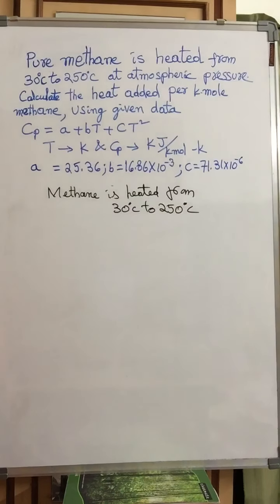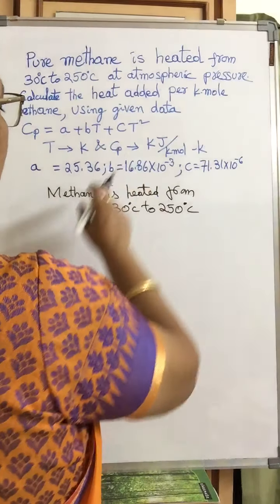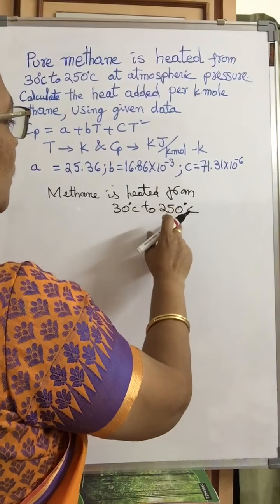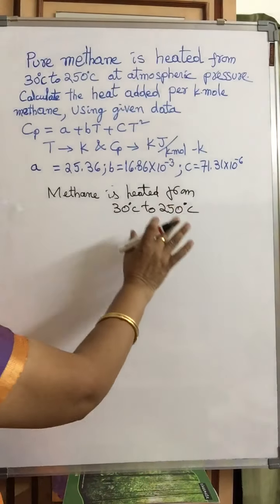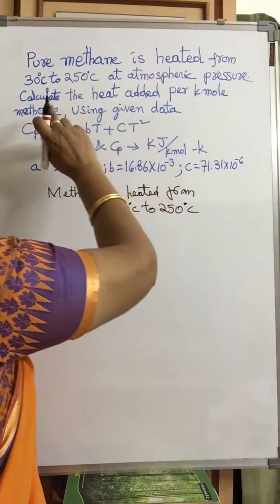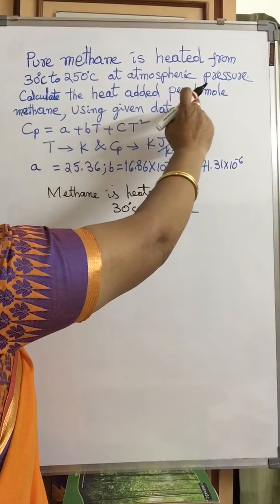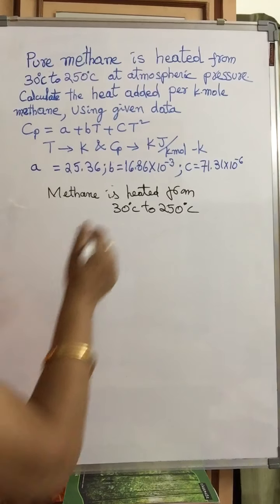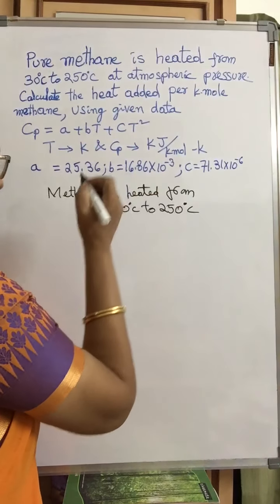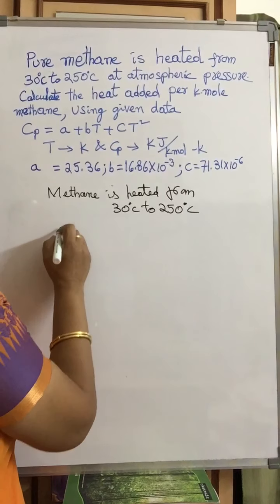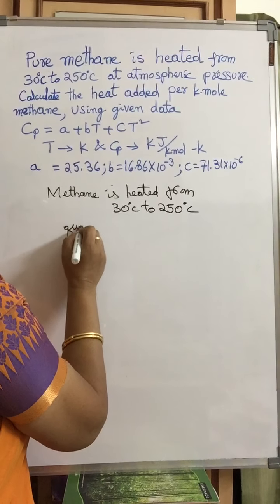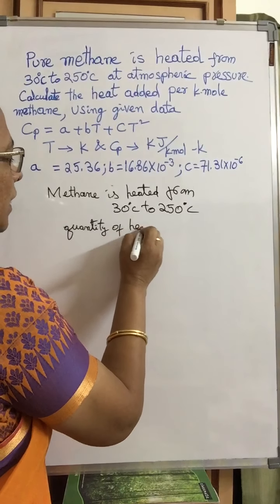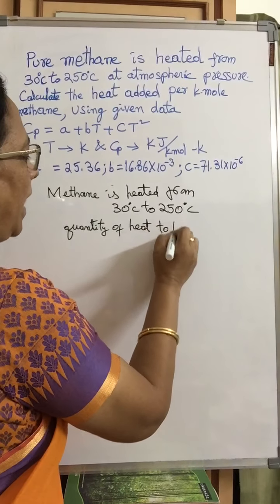Okay, this is the task: to heat methane from 30 to 250 degrees centigrade at atmospheric pressure, and calculate the heat added per kilomole of methane. To increase from 30 to 250, what quantity of heat is to be added?